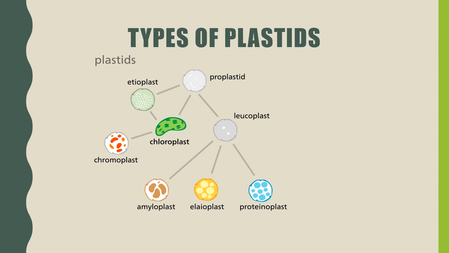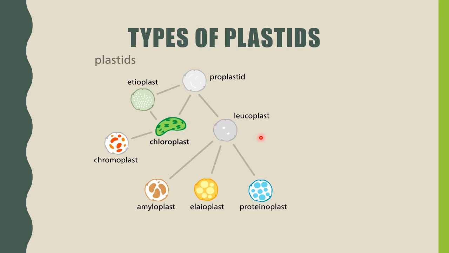So they are also formed by division of old plastids. A new plastid is a primitive type, not yet decided what it wants to become. This baby plastid is known as proplastid. It can become green or chloroplast, any other color, or chromoplast, or it can remain white.